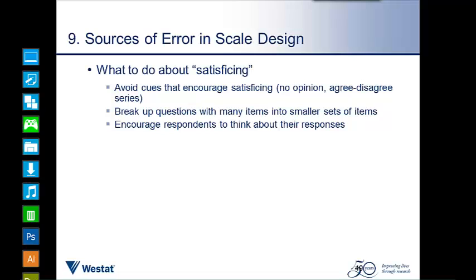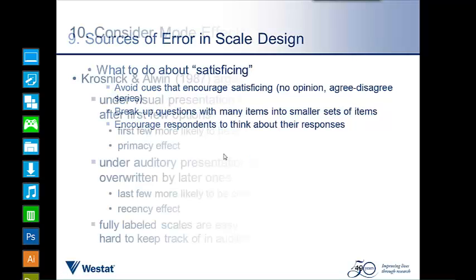What we'll also do, and we'll talk about this next week in the survey design module, we'll design our scales to go from negative to positive instead of positive to negative, to just make it the tiniest little bit harder, so that you have to consider those negative responses before you just go with the easy answer of agreeing with something. And then really we try to encourage respondents to just think carefully about their answers before they provide them.